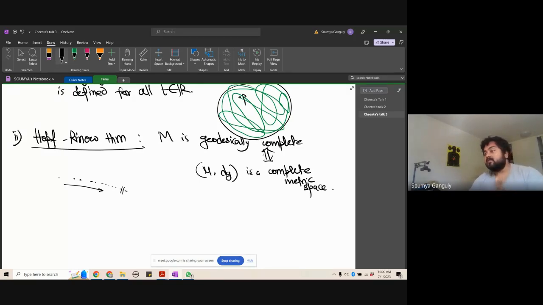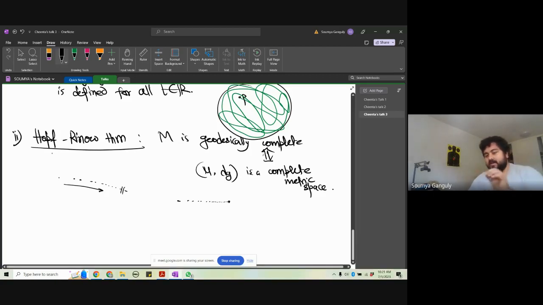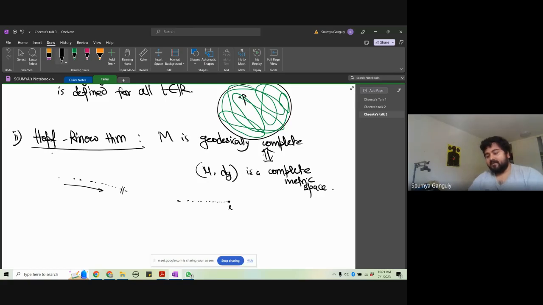Such sequences may not converge in certain spaces, but a complete metric space says that any sequence where the distance between points becomes arbitrarily small must converge to a point. If this is the limiting point L, then for any neighborhood of the limiting point, there would be many points of the sequence in that neighborhood. Anyways, we don't have to go into the definition of convergence. You can think of the converging point as a limit.